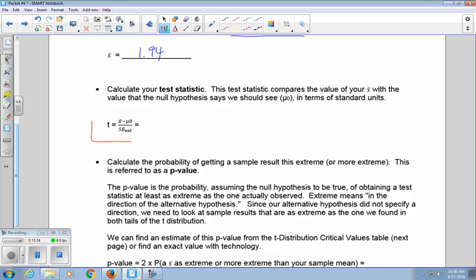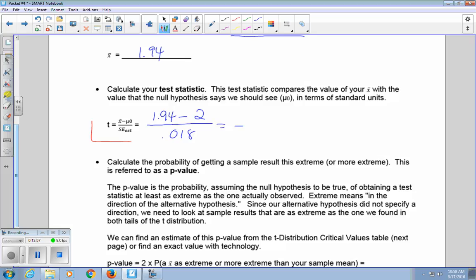So we need to do t is equal to our X bar, which is 1.94, minus mu under the null hypothesis, which is 2, over our estimated standard error, which I'm going to round to 0.018.